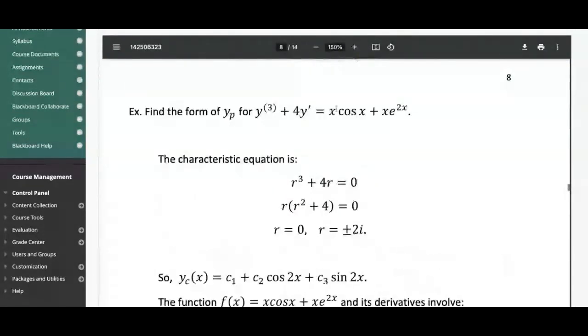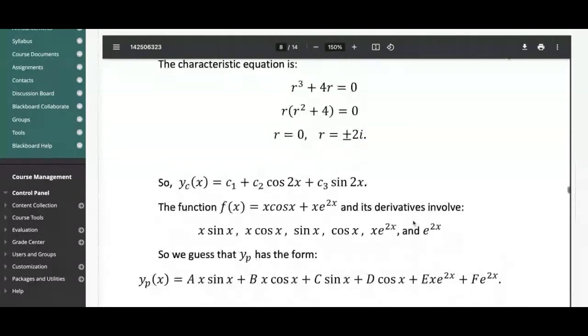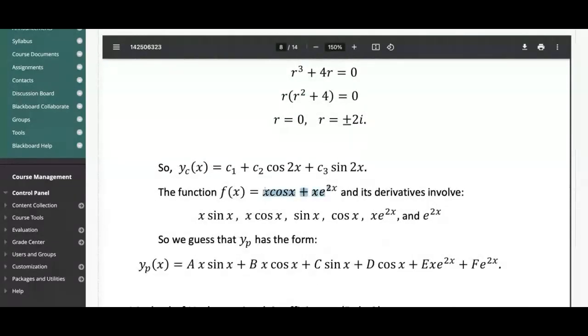And look at the function. So this is our f of x. So f of x is this. And its derivative involves, so this is a product, involves x sine x, x cosine x, sine x, right? Cosine x, or itself and e to the 2x.